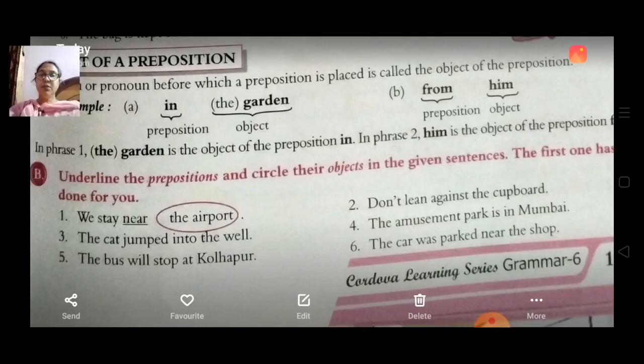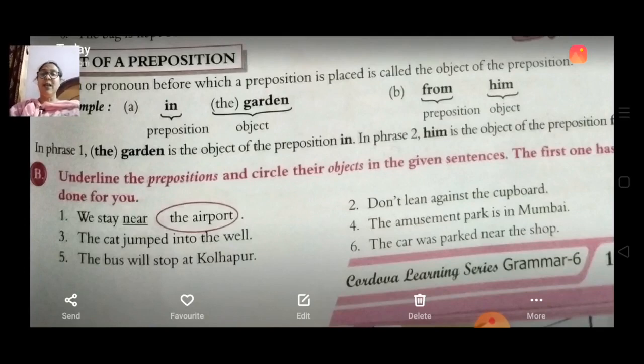Underline the preposition and circle their objects in the given sentence. The first one is already done. We stay near the airport. Here you can see airport is a place and near is a preposition. So now let's start solving the exercise.